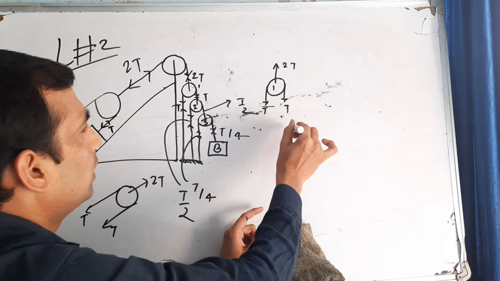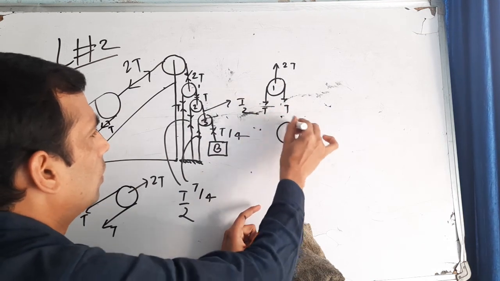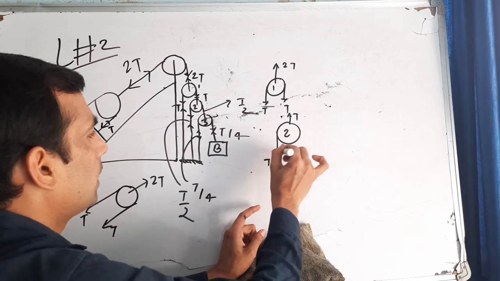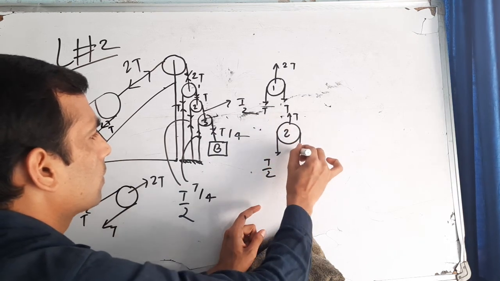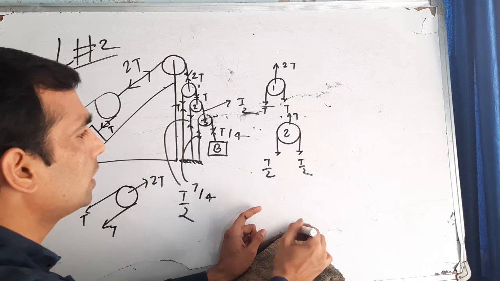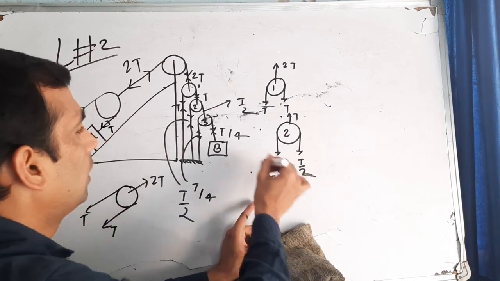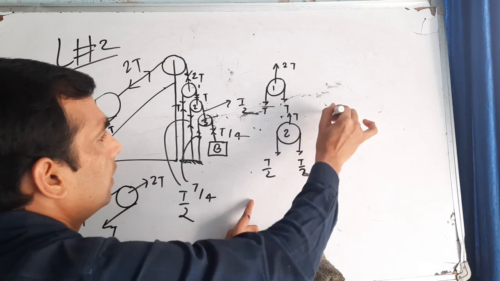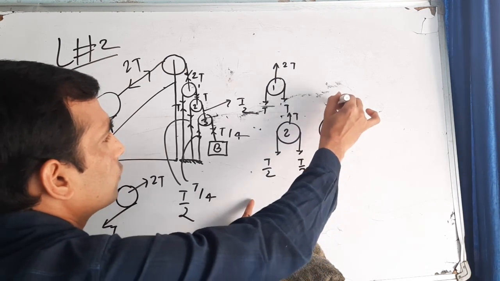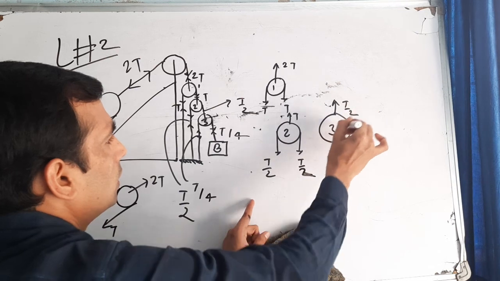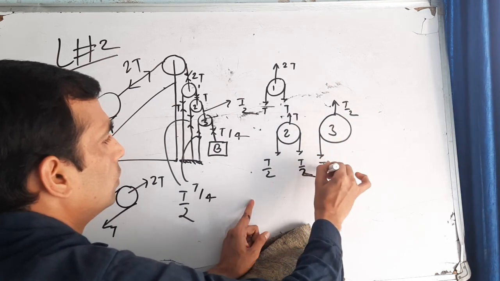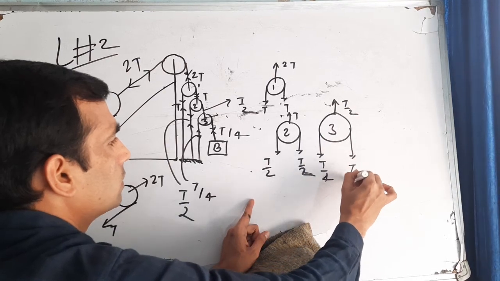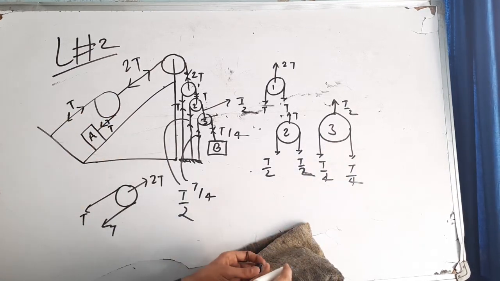This is pulley number 1 and 2, this is tension T, so this is T by 2, students, and this is T by 2, students. And finally this is pulley number 3, so this is T by 2, this is T by 4 and this is T by 4, right students?